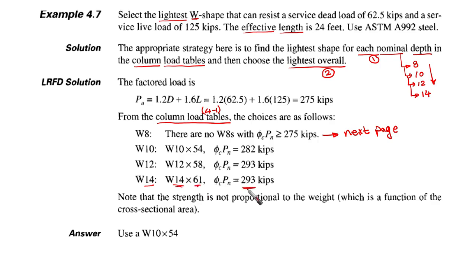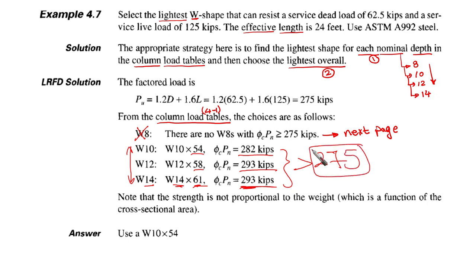How are we going to use this, how are we going to compare? We said that W8 is not working. For W10, 12, and 14, these shapes are working, and all of them provide strengths higher than 275. So all of them are okay.